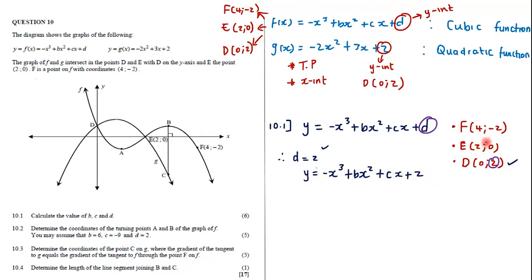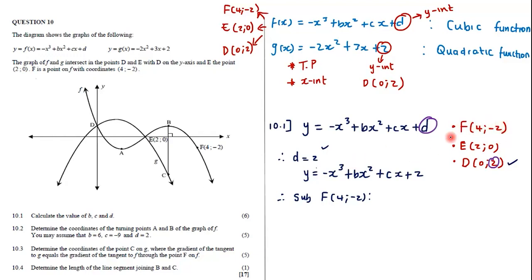What I'm going to do is substitute the value for f, which is (4, -2), and see what that gives me. Because if I have two unknowns, I can do simultaneous equations. So let's substitute here.